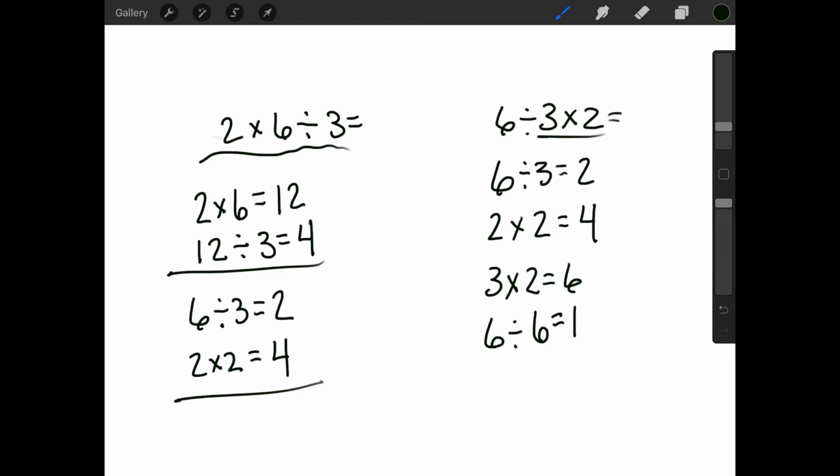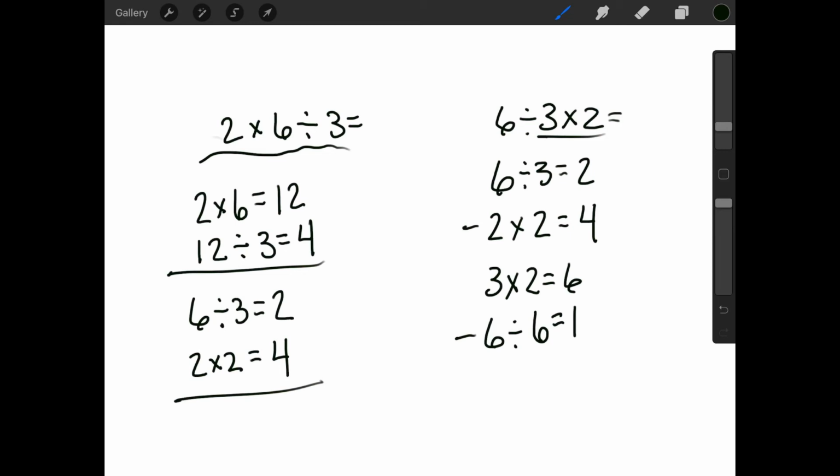So, which answer is correct? Is it 4 or is it 1? Well, if you think that we're supposed to always multiply first, then I would guess you would say it's 1. But if you think we go from left to right first, then I would guess that you would say 4.